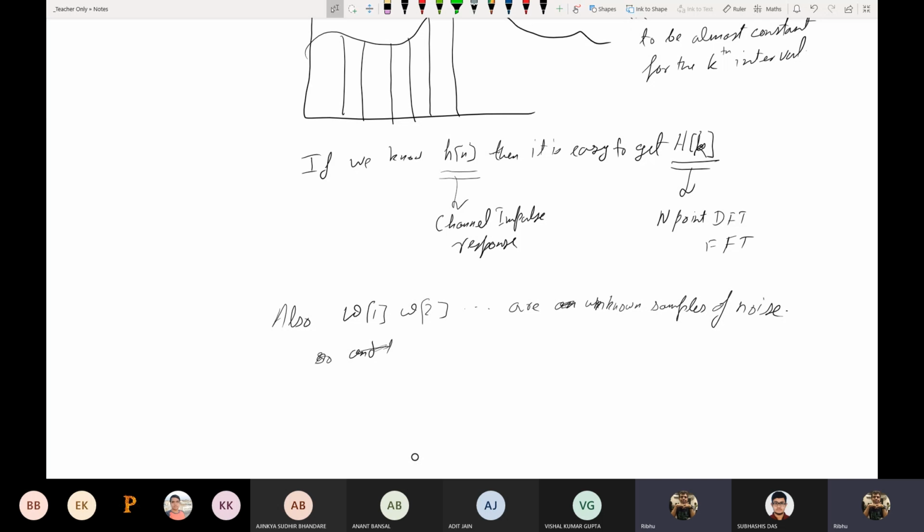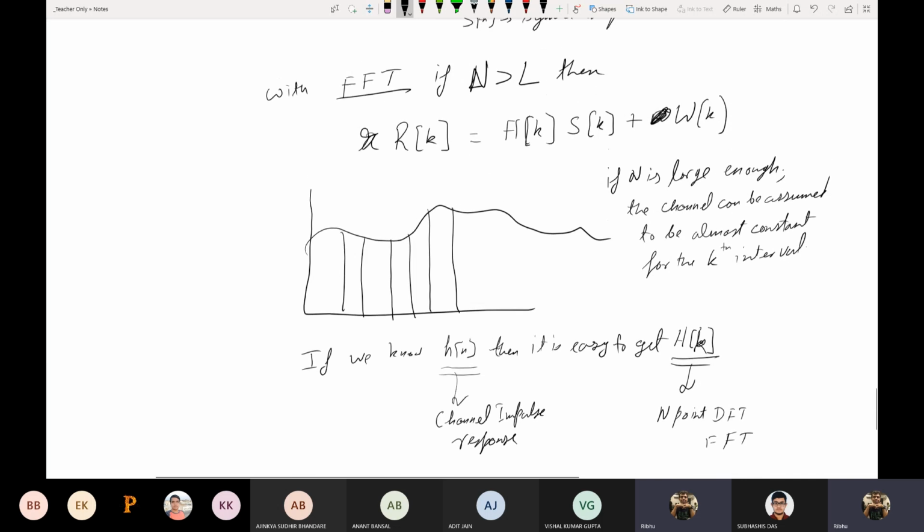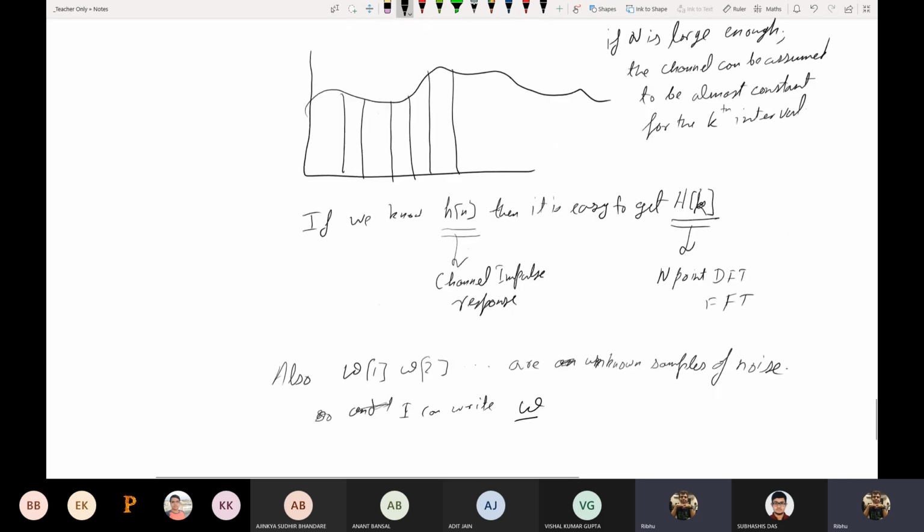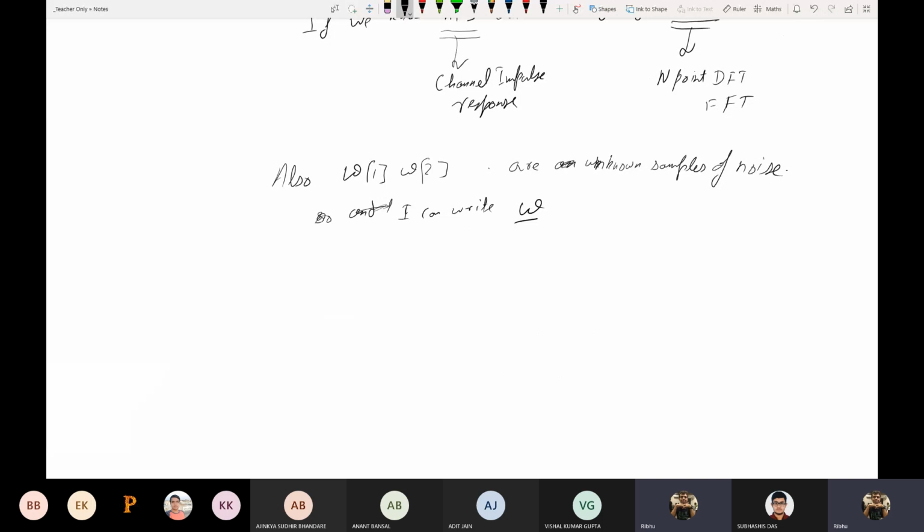So I can write this vector W, capital W, as... It doesn't matter since we have used 0 to n minus 1.